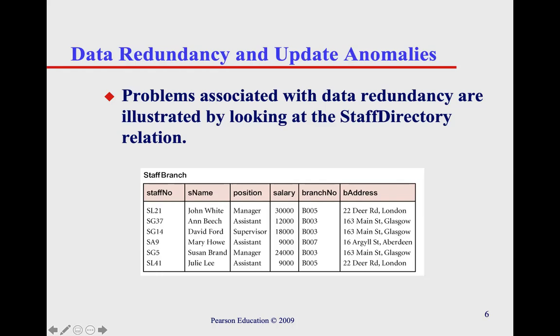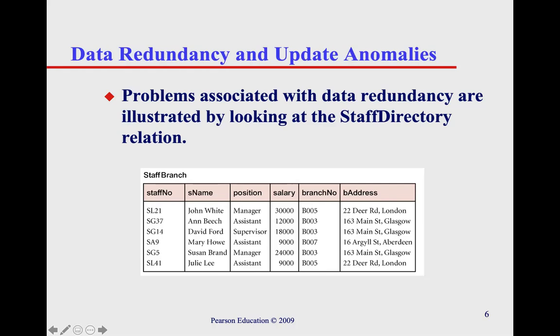Also, the branch number is repeated multiple times, although that may or may not be an issue, but having the branch address repeated multiple times may be a real issue. So if branch 5 moves to some new address, I'm going to have to remember to update that branch in multiple places here.